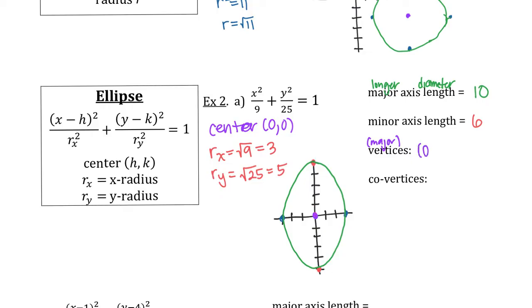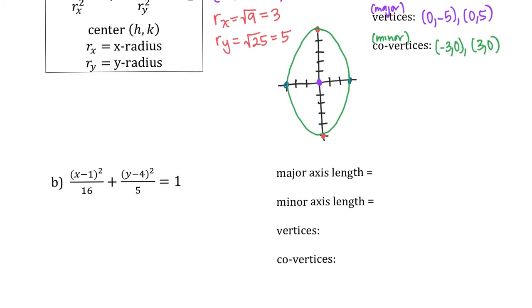It's the endpoints of the major axis. The co-vertices are going to be the endpoints of the minor axis. So here and here, this is (-3, 0), this is (3, 0). Okay, and any new vocabulary we'll do in the next class.